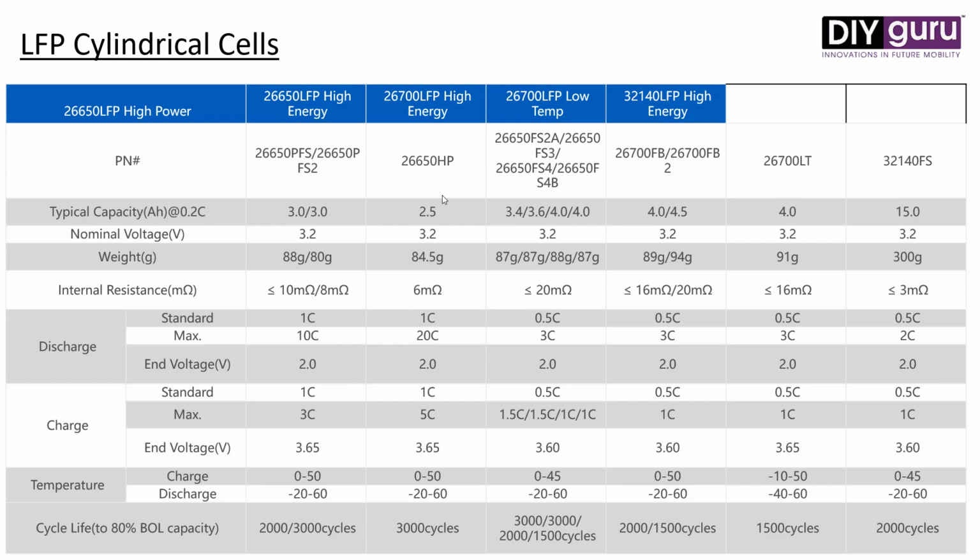The standard end voltage or lower cutoff voltage is 2 volt at standard 1 C discharging, and maximum it could be 3 C to 5 C. The peak voltage up to which it can be charged is 3.65 volt, and the charging temperature is between 0 to 50 and discharging between 20 to 60. You could see that these cells have better life cycles, which range from 2000 to 3000 cycles.